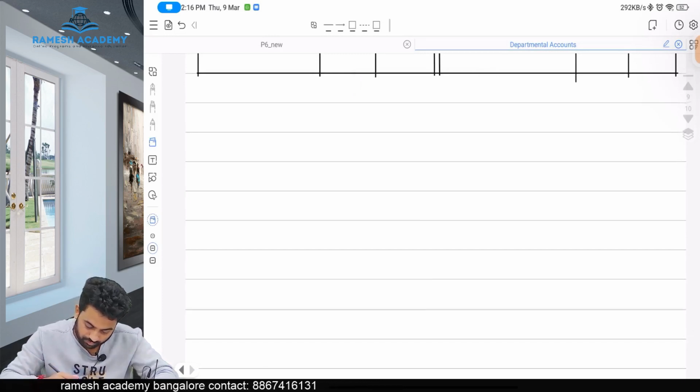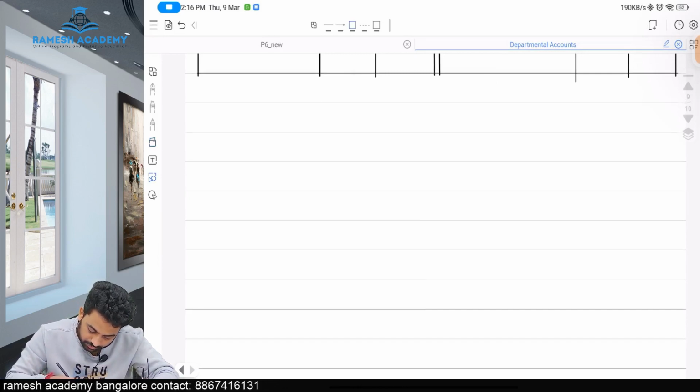Stock reserve is the only thing. So many lines are not required.